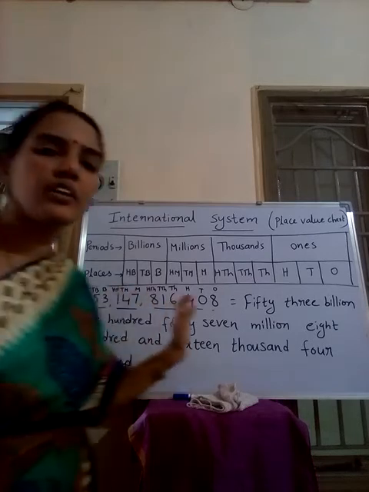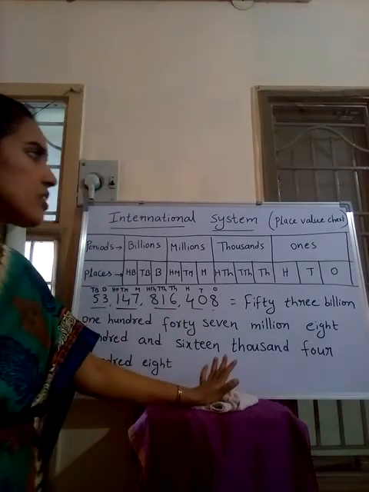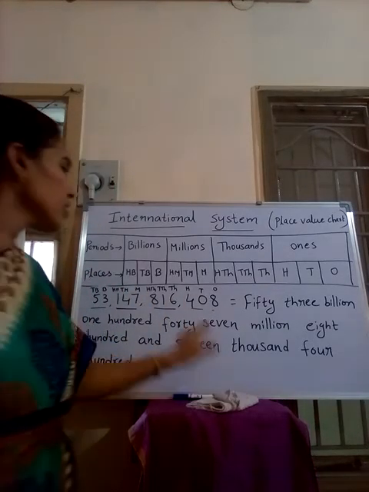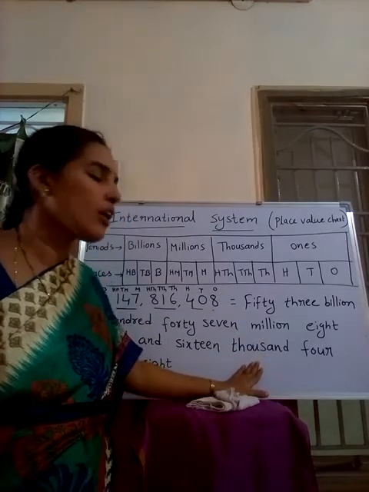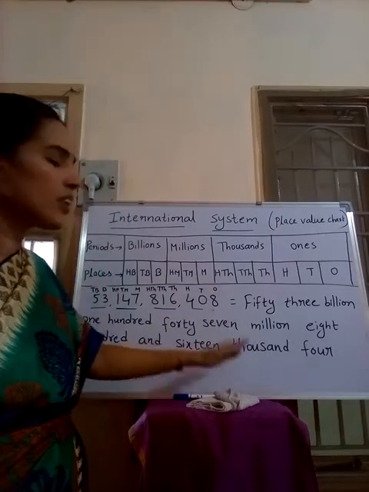This is how we write the number names using the International System of Numeration. That is, if the numeral is given, we have now seen how to write the number name. Now we will see how to write the numeral if the number name is given.